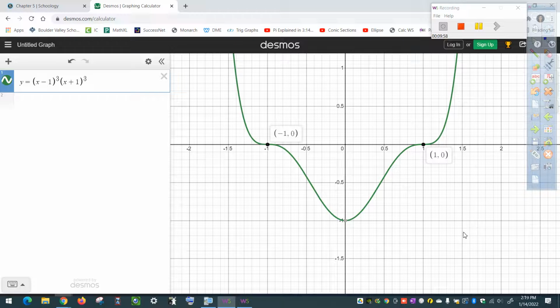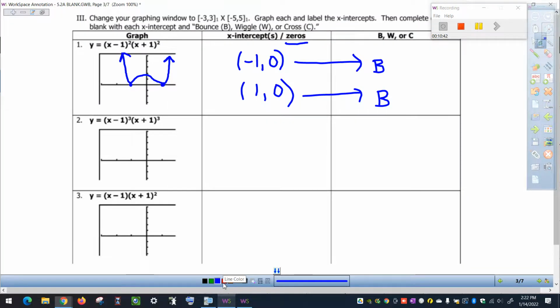The wiggle goes all the way through, and it has a little bend. Now let's look at this side. This is what the wiggle could look like going the opposite direction. If it's coming up from the bottom, it comes up a little before, it gets flat on top of it, and then it keeps going afterwards. So we're going to do the same thing over here on our paper. We're going to sketch a picture of what we saw.